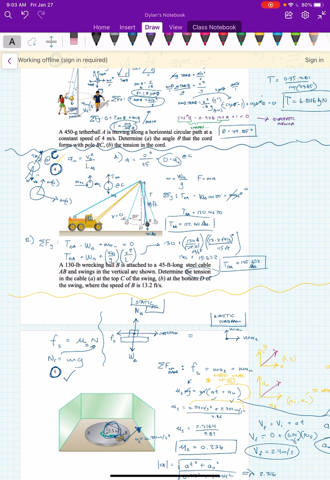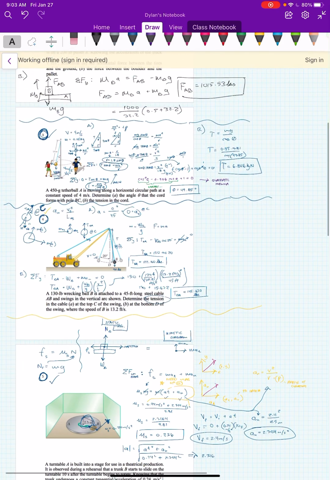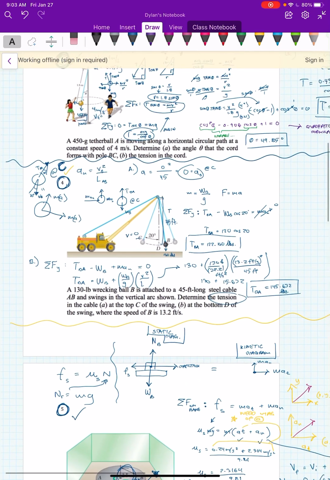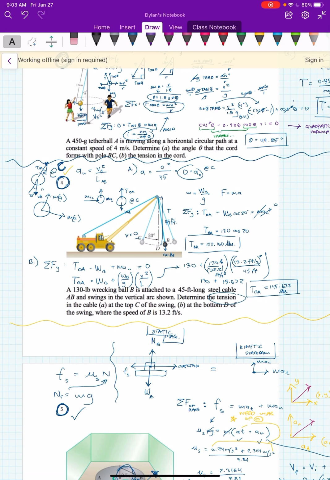Moving on to number 4. I was basically able to draw my free body diagram. I would start it at point C. When the ball was at point C, I knew that velocity was 0. I took the offset for the mg, or 130 pounds, pointing downward with the 20 degrees.